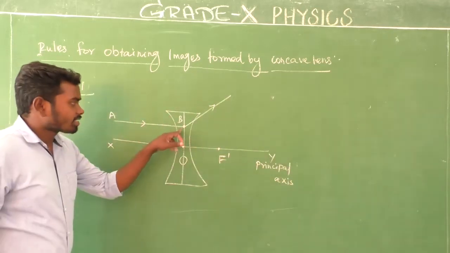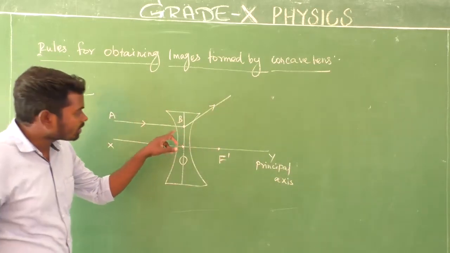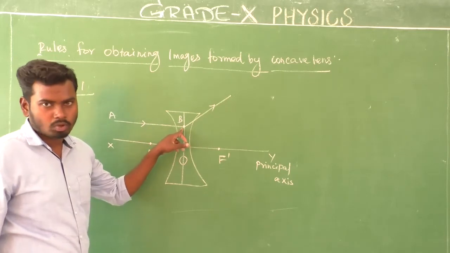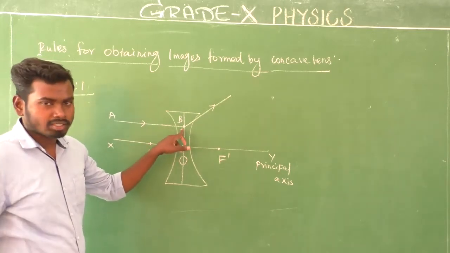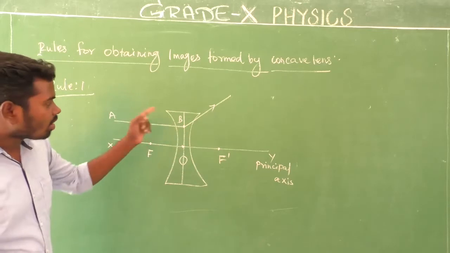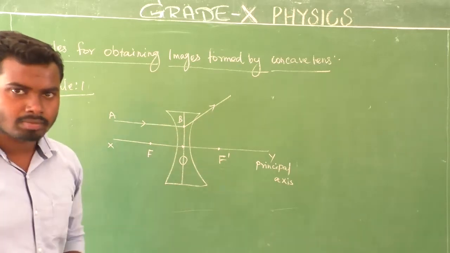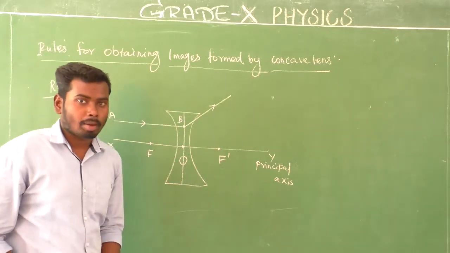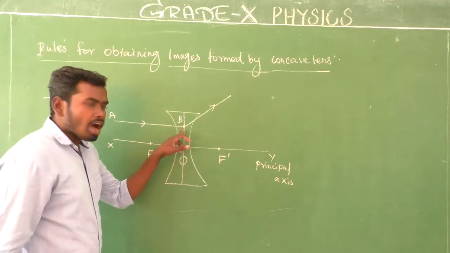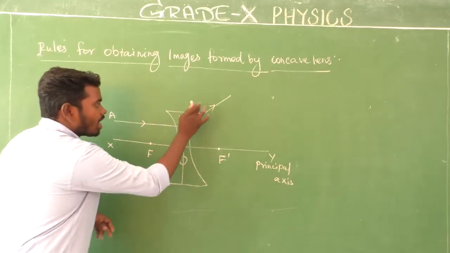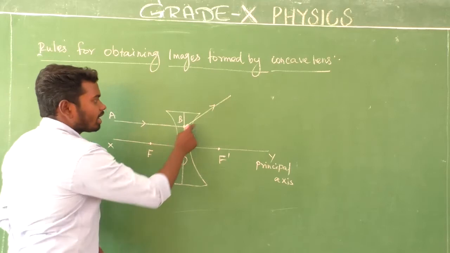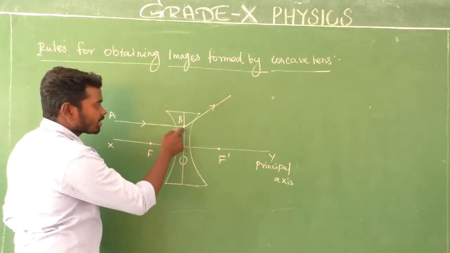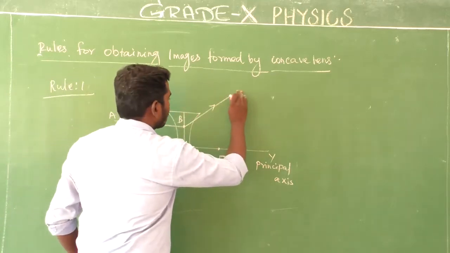Refraction takes place at the point B, which means inside the concave lens. So after refraction, the ray of light direction should change. Alright, that is refraction. So after refraction, the concave lens diverts the ray of light. So after refraction, the ray of light direction becomes, what is it?